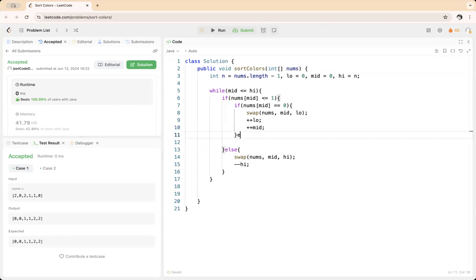And then there will be another case in this, else nums of mid is equal to 1. So we need not explicitly write this. We can just say plus plus mid.